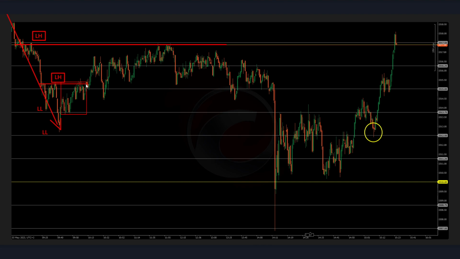High risk, high reward entries would have been on the bullish side above here for quick scalps, but still understanding that we are against a very strong bearish price action.